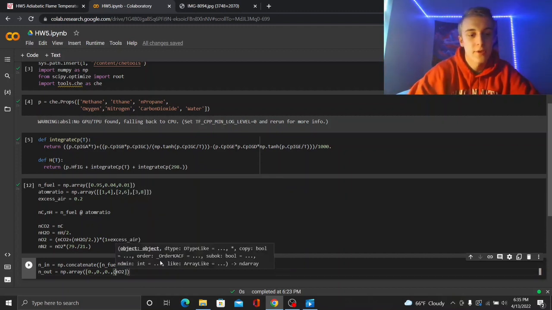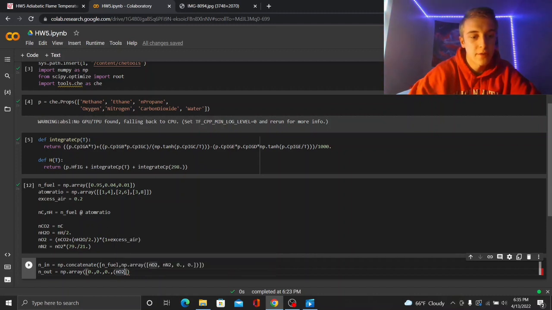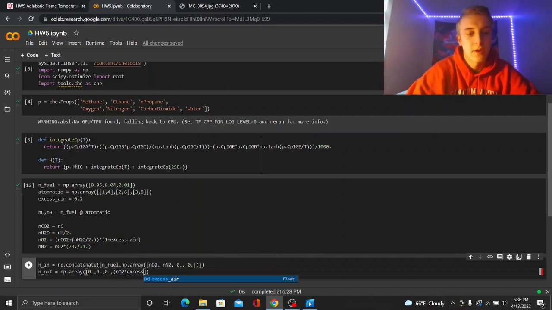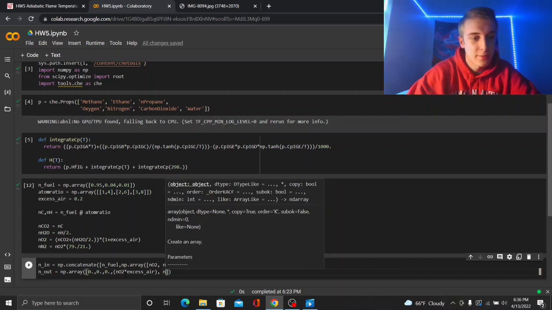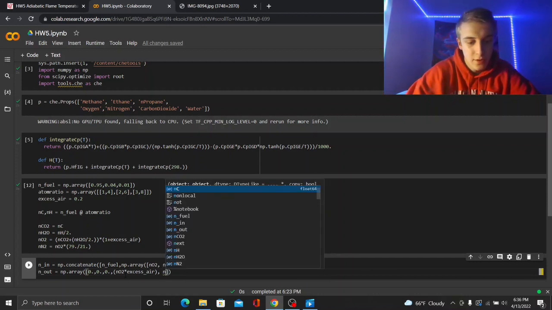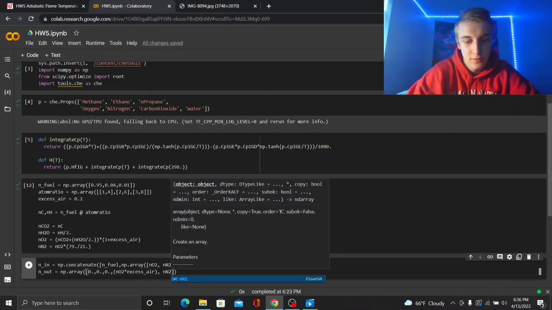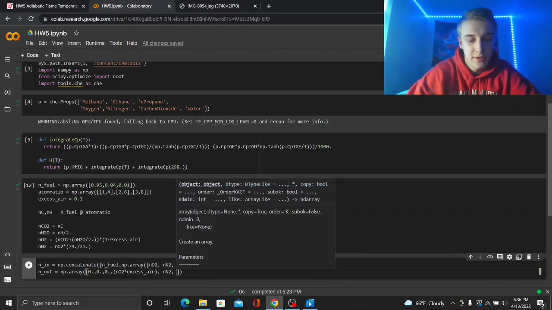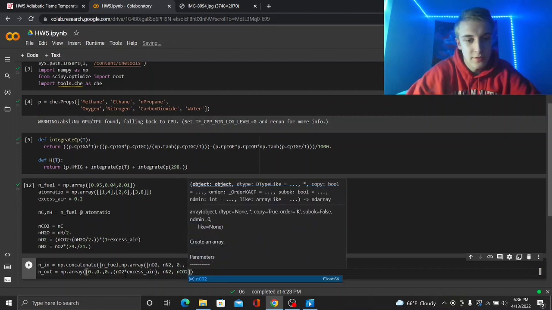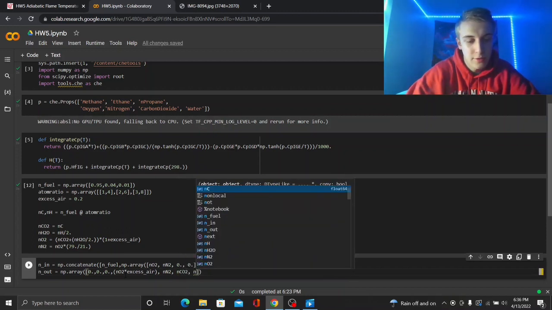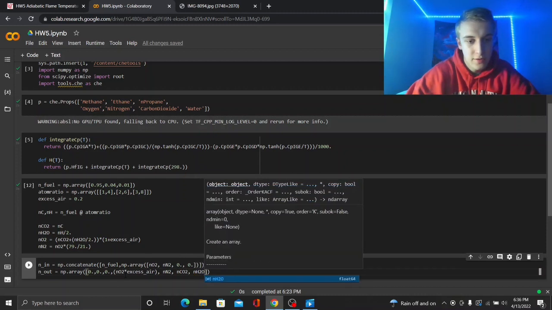But again, for our moles of oxygen coming out, we're going to need to multiply that by our excess air value. And then again, our moles of nitrogen is coming out, and then our moles of CO2 and moles of H2O.